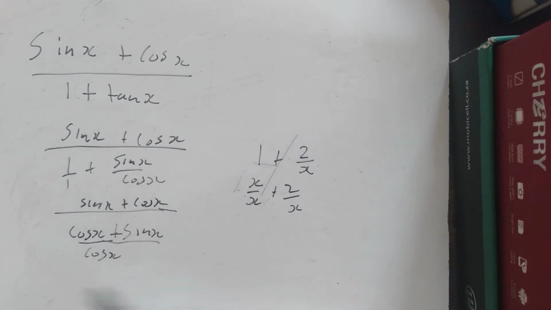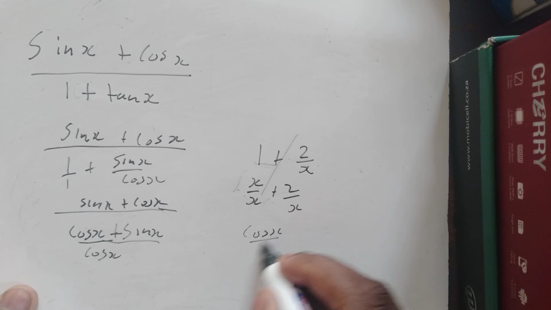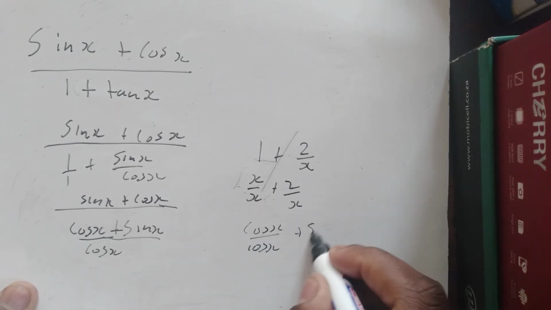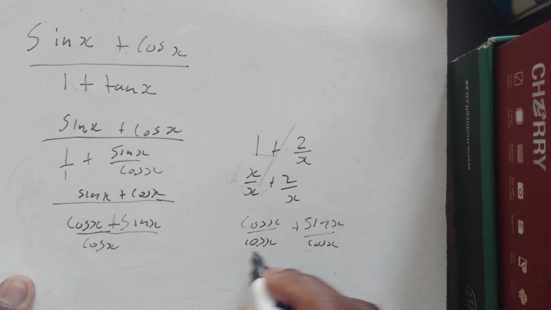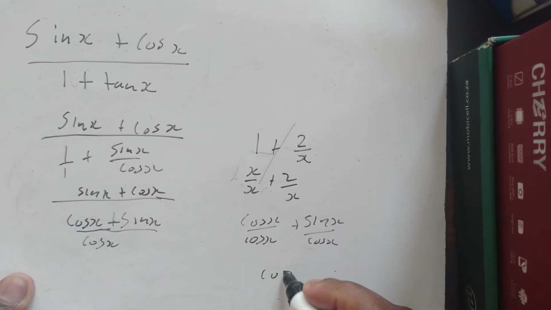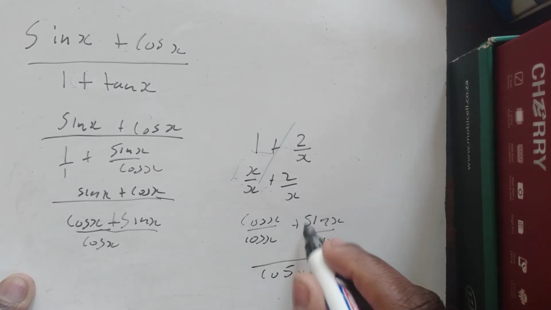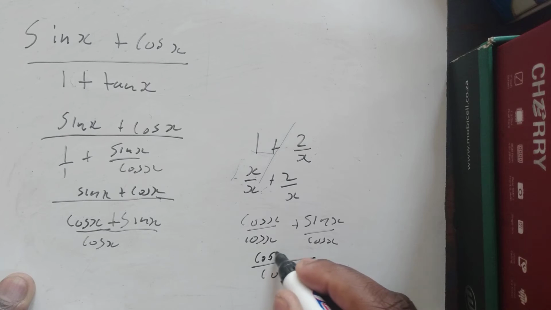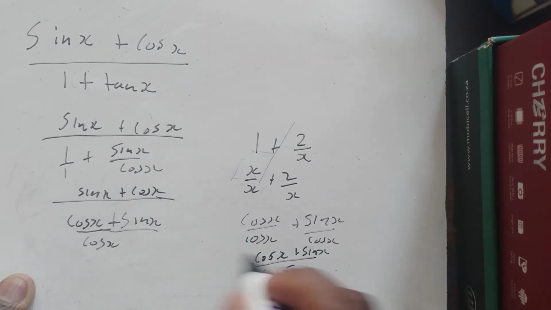Or you can actually change the 1 to look like cos x over cos x. Then you can say plus sine x over cos x, and you'll see that the denominators are the same. If the denominators are the same, then we just add the numerators, so it becomes cos x plus sine x, and you'd see that is exactly the same thing we have there, right?